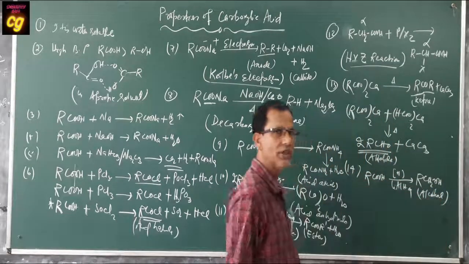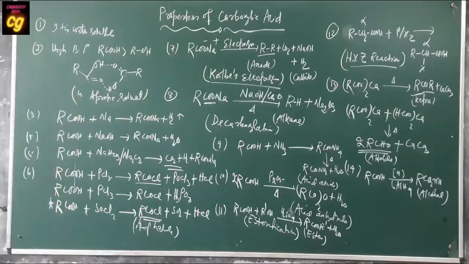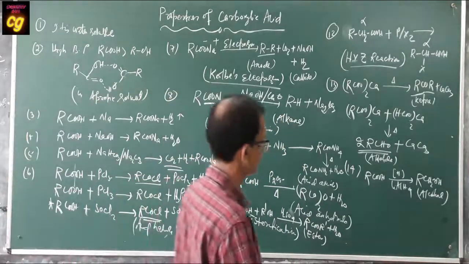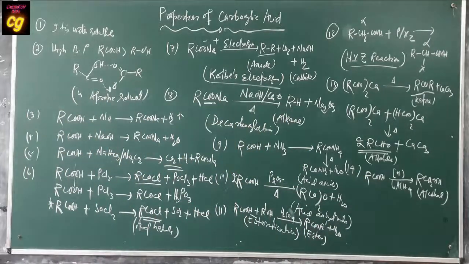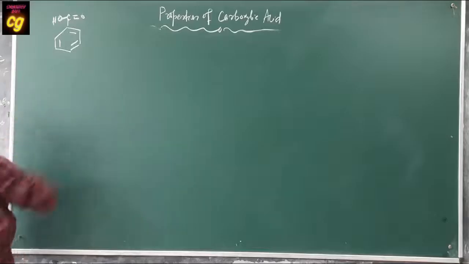Already we have discussed in the alcohol chapter. From acid we can prepare alcohol by what? Reduction. So preparation of alcohol from acid.